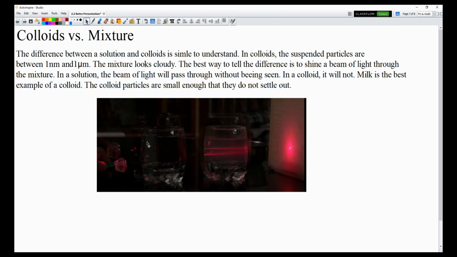If we were to put a spoon of milk into this water, then the particles that make up milk are suspended in here, and they're big enough that the beam of light hits them, and you can see the beam of light going through. So this would be a colloid, and this would just be a solution. Okay, so that is the difference between a colloid and a solution.